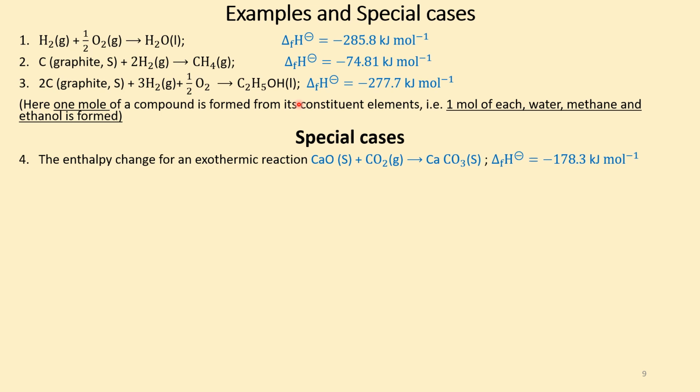The enthalpy change for an exothermic reaction. Consider the reaction CaO in solid state plus CO2 in gaseous state combine to form CaCO3 which is in solid state. So here ΔrH° is minus 178.3 kilojoules per mole.